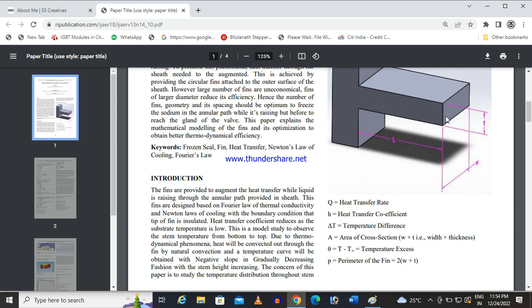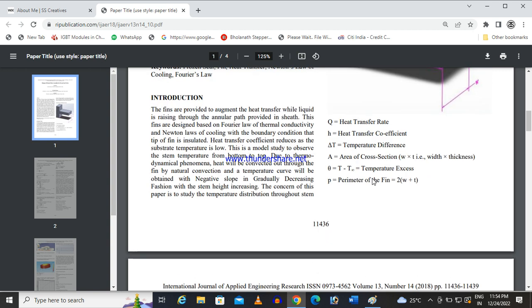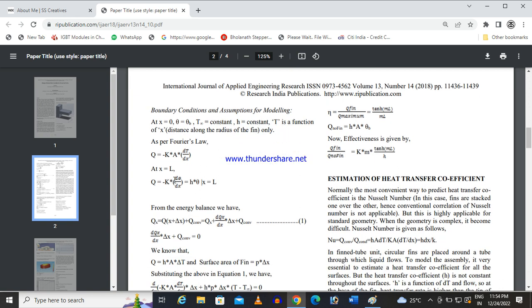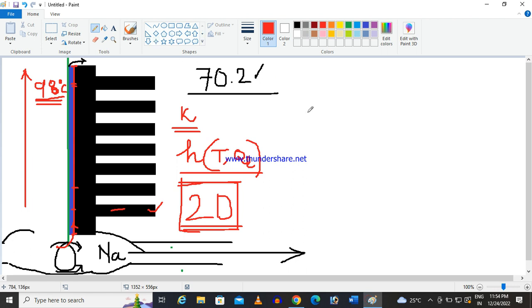At X is equal to L, it will be convected out through this area, the tip of the fin. So this is also one boundary condition.